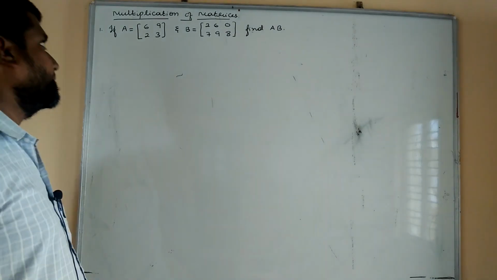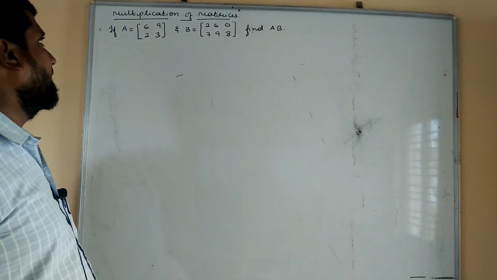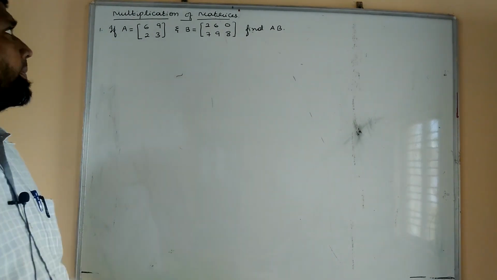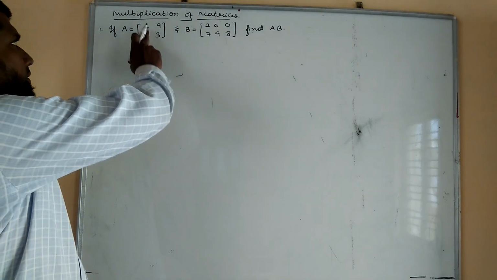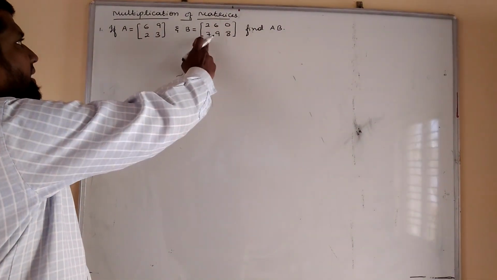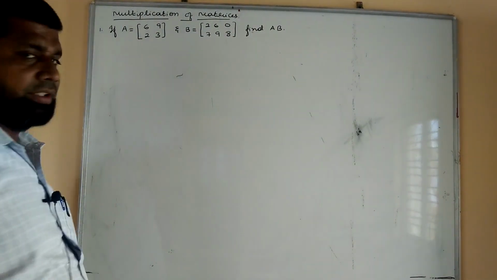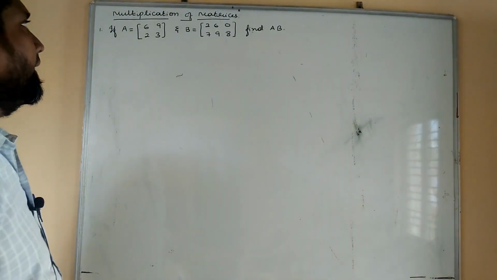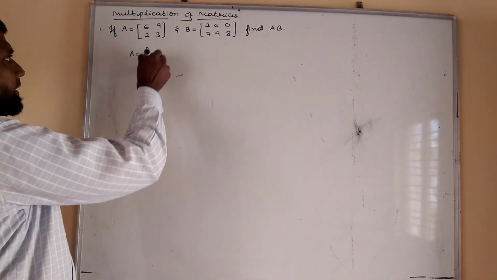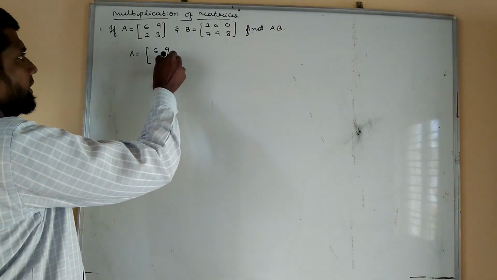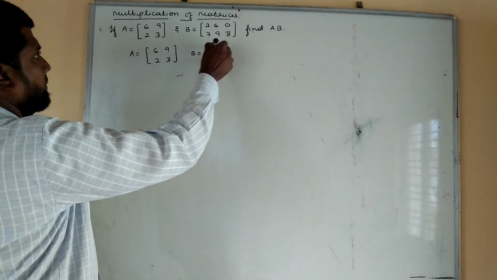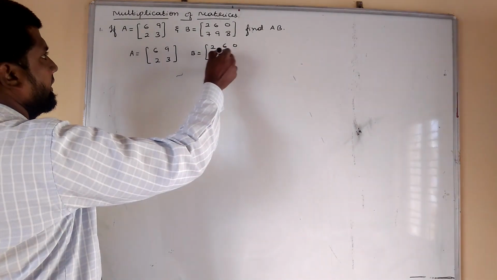Let us go further. The next type of problems: multiplication of matrices. In the multiplication of matrices, let us take the first problem. If A is equal to [6 9; 2 3] and B is equal to [2 6 0; 7 9 8], find AB. How to find AB? So let us write the matrix A, 6 9, 2 3, then the B matrix, 2 6 0, 7 9 8.